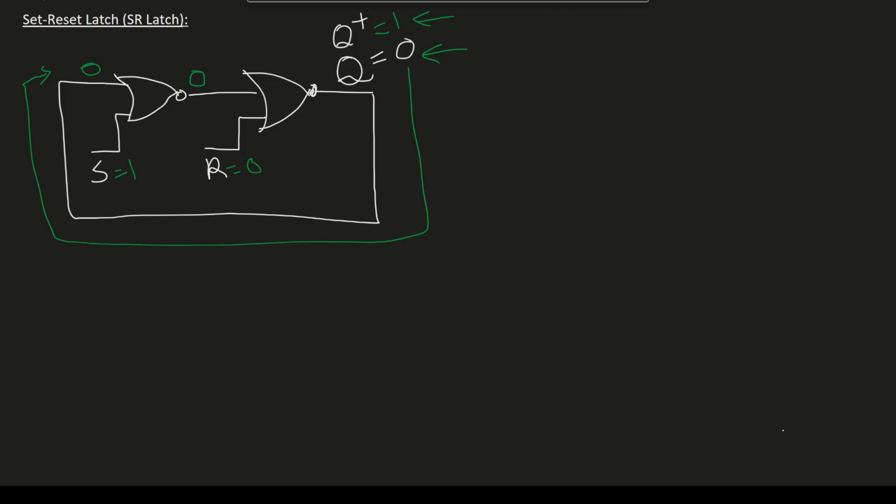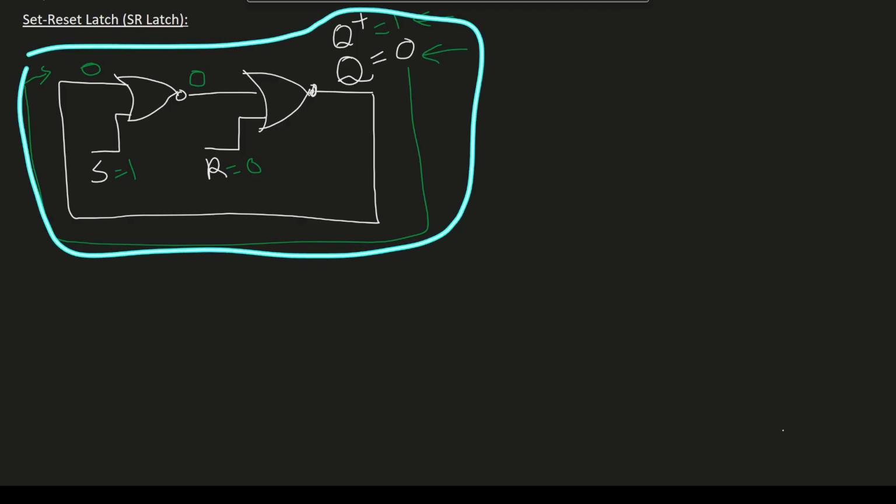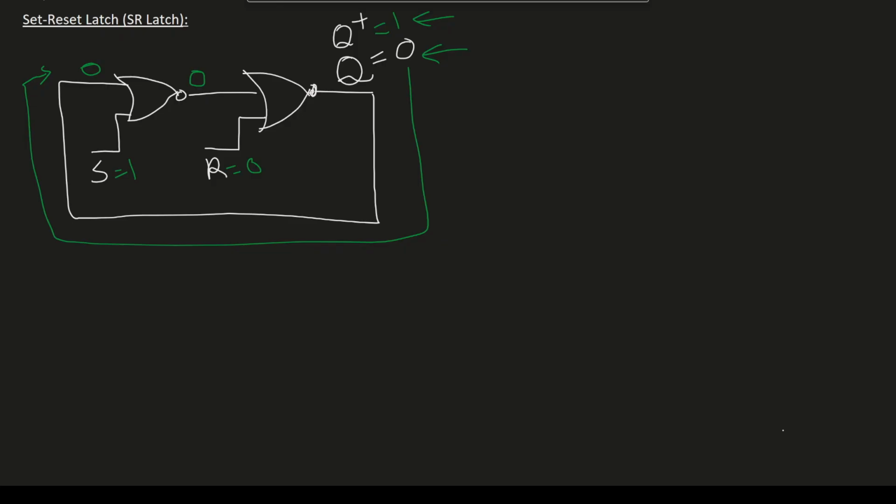Now let's jump into the SR latch. This circuit here is an SR latch, but let's redraw it. We have two NOR gates. The first one will output what we call Q bar. The input is S, which we obtain from here.